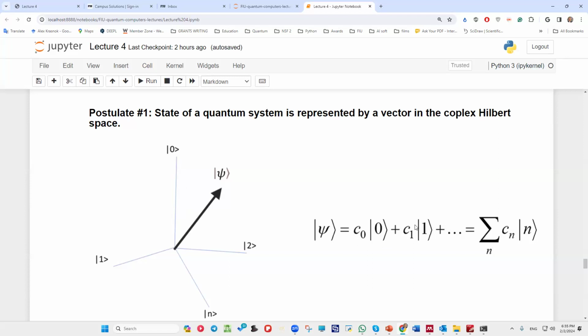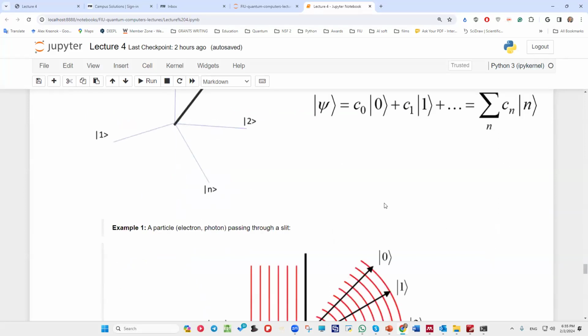Having introduced this basis, I can represent this state vector of my computer through this combination of the basis vectors and the projections of the vector on each corresponding basis vector. I hope that's clear.